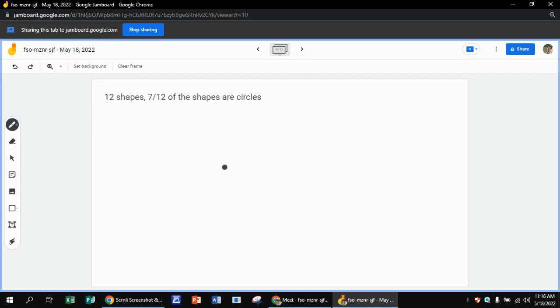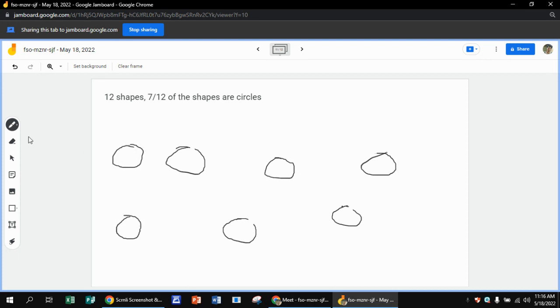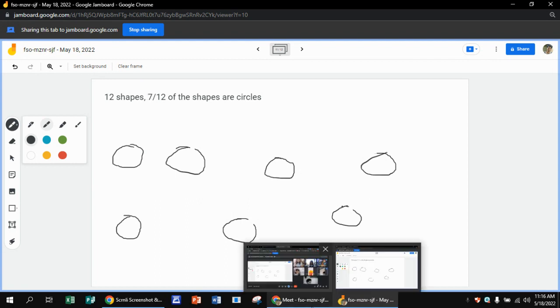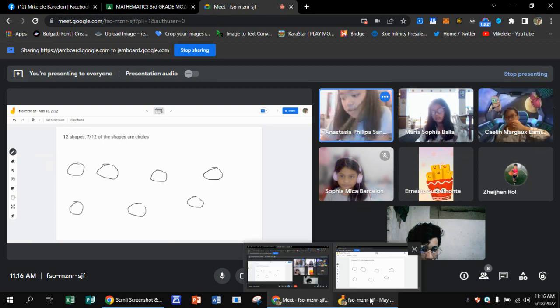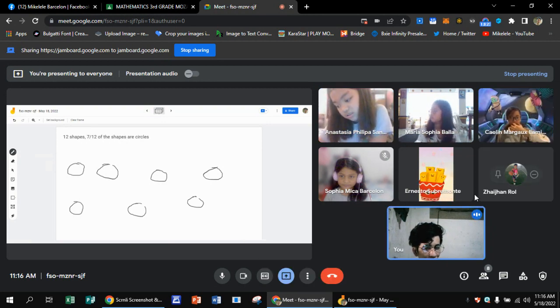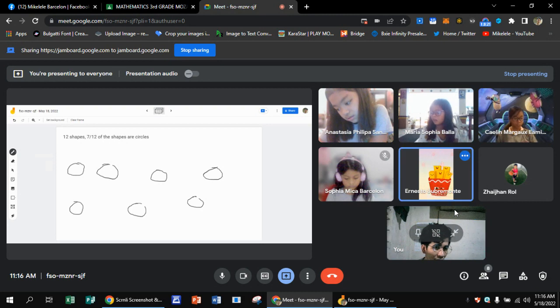So, number 9. How many circles are we going to need to draw? 7. 7. 1, 2, 3, 4, 5, 6, 7. And what is the other shape you drew? I drew 5 hearts. 5 hearts. How about Kaylin? What other shapes did you draw?